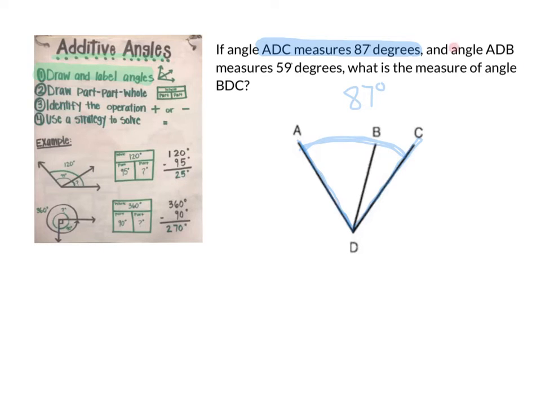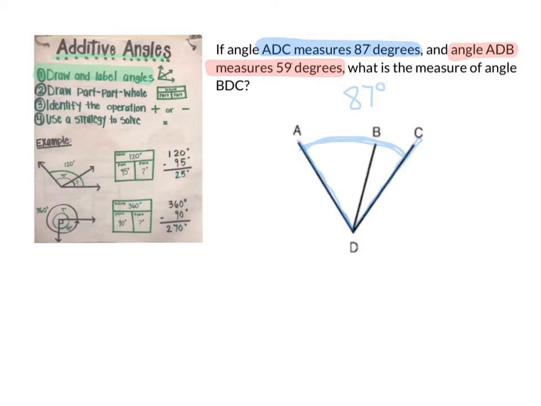Next up, angle ADB measures 59 degrees. So now we're talking about angle ADB. Again, I trace the lines to help me figure out which angle this is talking about.